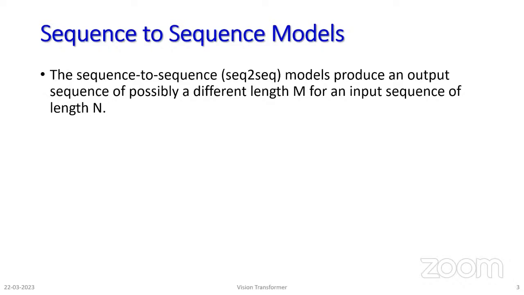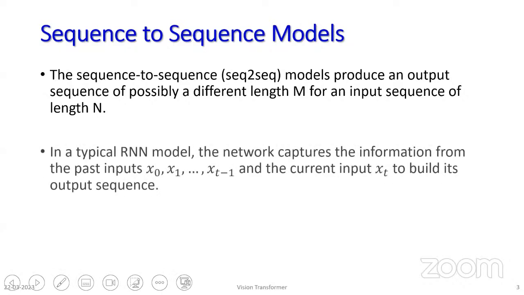For example, in a simple classification task on the feedback given by a participant in this course, scored between 1 to 5, the feedback has to be classified as very good, good, average, below average, or poor. So it produces an output sequence of possibly different length from an input sequence of length n.